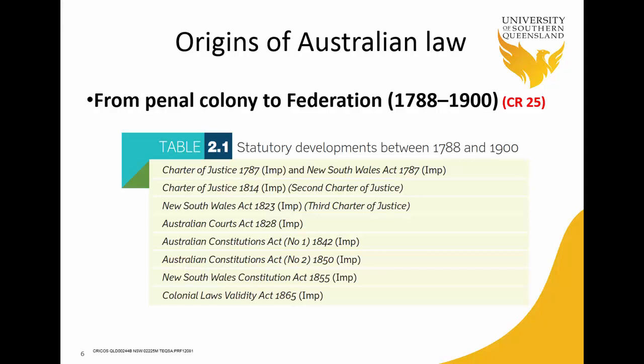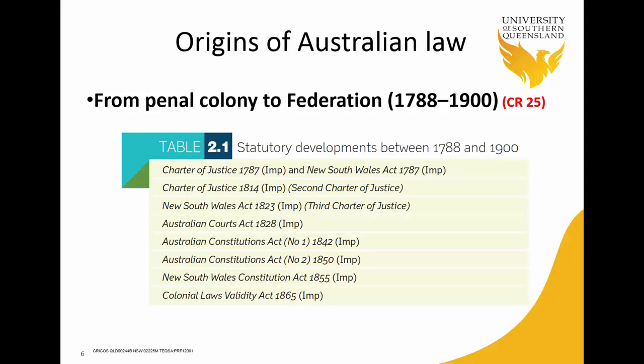Then we see the New South Wales Act of 1787, and this was the nucleus for the legal system in the New South Wales colony. So there was a court of civil jurisdiction, and the first criminal court. Okay.